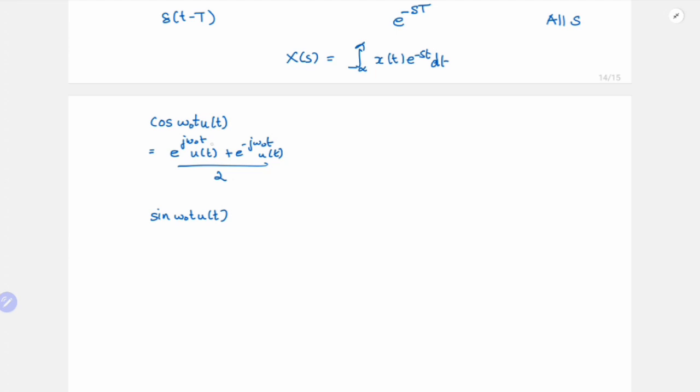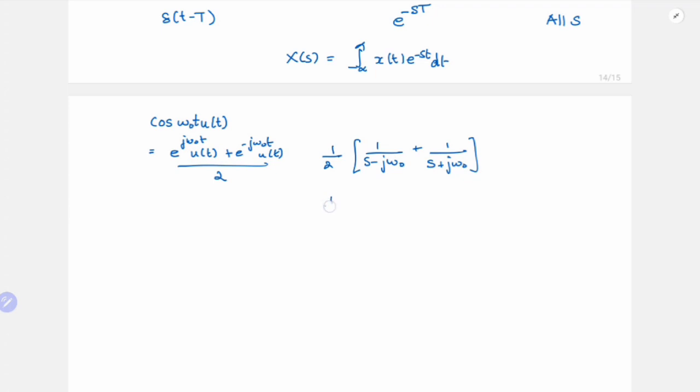So this is going to be 1 by 2 into 1 by S minus j omega naught plus 1 by S plus j omega naught. It is just like e power minus at u of t, with a replaced by j omega naught and minus j omega naught. So what will this turn to?